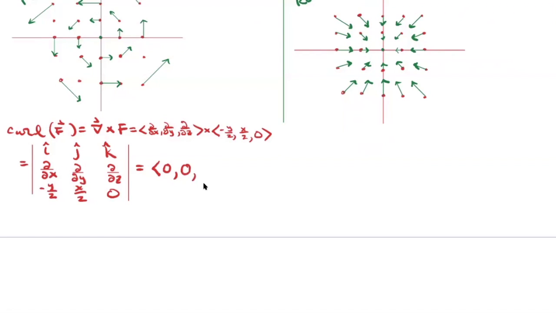And now the third coordinate, the k component, we're going to do this cross product here. The partial of x over 2 with respect to x is a half, minus the partial of negative y over 2 with respect to y, that's negative a half.